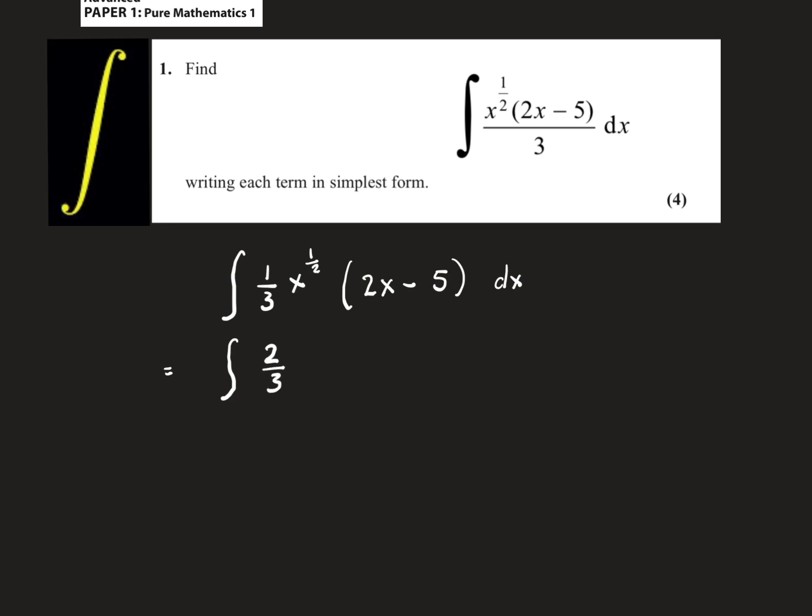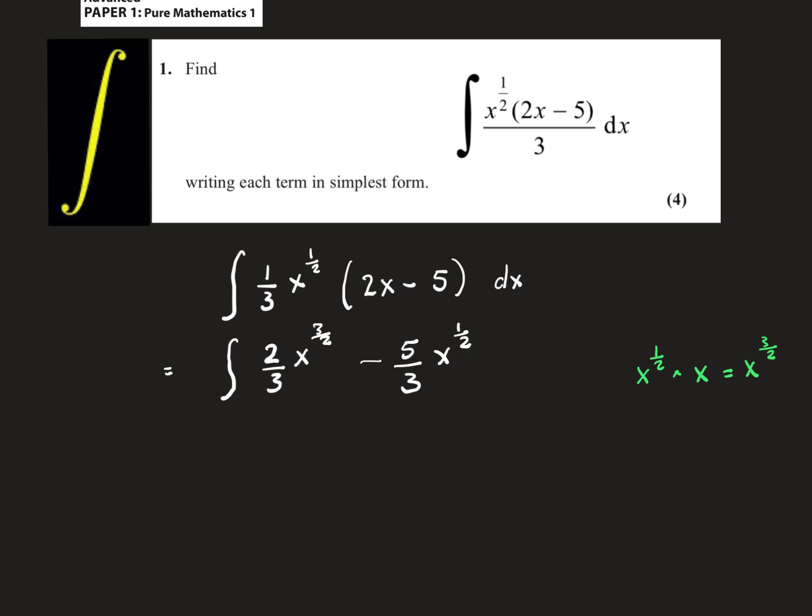And if I multiply x to the half with x, I will get x to the 3 on 2. So I can write down x to the 3 on 2. Now I'm going to multiply it by minus 5. So that'll be 5 over 3. And just leave the x to the half.